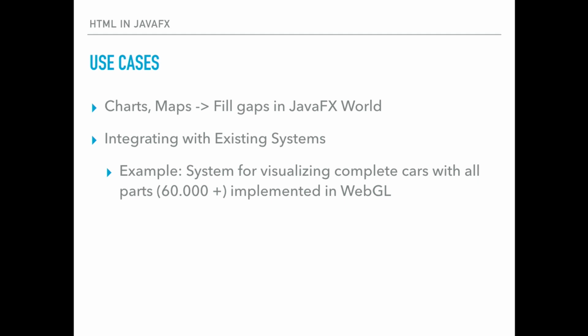It's a really cool library that they are using from the Fraunhofer Institute. And they wanted to integrate it into their JavaFX application. That was not a requirement at the beginning of the project, but it became a requirement like 2 years into the project. And so the guys asked me, how can we do that? And I said, well, use JxBrowser, embed it in here, use a clean API, and it will work.